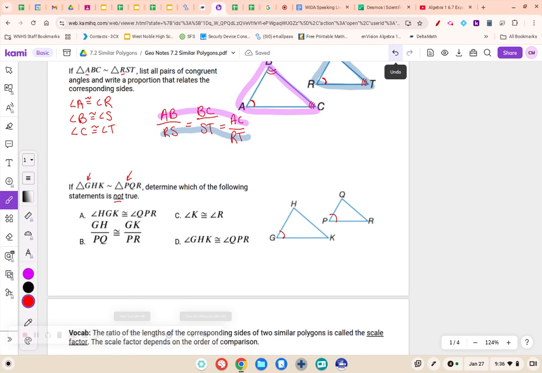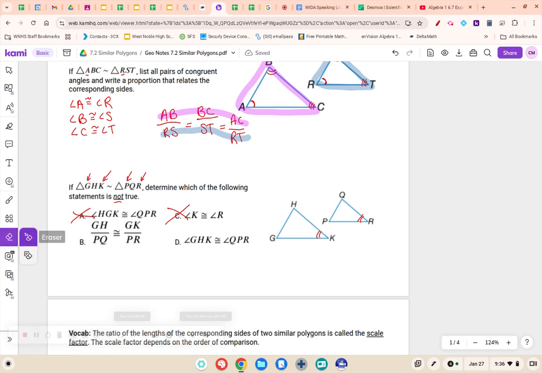These angles are congruent to each other, so that's not our answer. Then I'm skipping over to C: angle K congruent to angle R. These are both the third things in the similarity statement. They are congruent to each other. So that is true, which means this is not our answer.